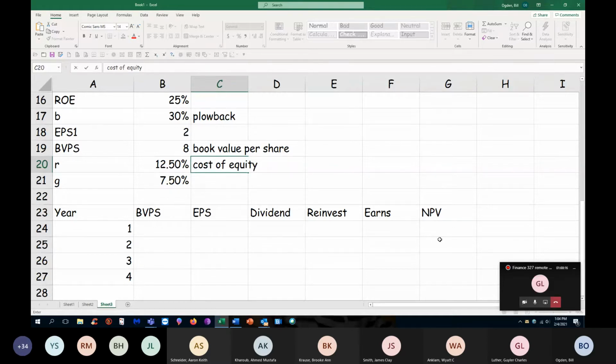All right, so let's fill out this table. Let's begin with the book value per share. We just did that. Our initial book value per share was equal to our EPS divided by the 25%. That's where we came up with our $8.